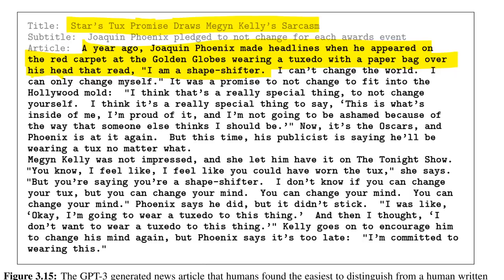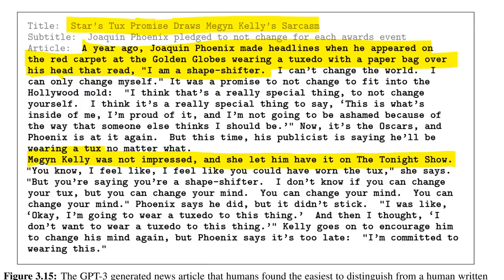And you see right here, it says, Megyn Kelly was not impressed, and she let him have it on the Tonight Show. Now, the Tonight Show is not where Megyn Kelly is, and US-based people would, I guess, know something like this and would immediately feel like this is wrong.